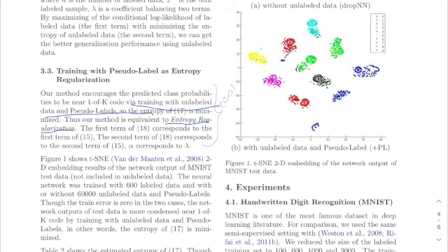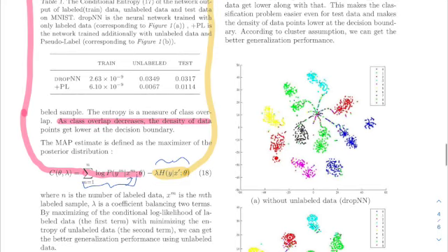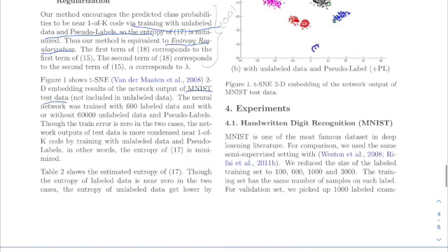And he also plots the t-SNE embedding to see how the model makes clusters better when it's trained on pseudo-labels. In this case, he's using the MNIST test data. And as we can see, before, without unlabeled data, the model seems to be forming clusters, and after the pseudo-labels are added, it seems like the clusters are a little more differentiated from one another.